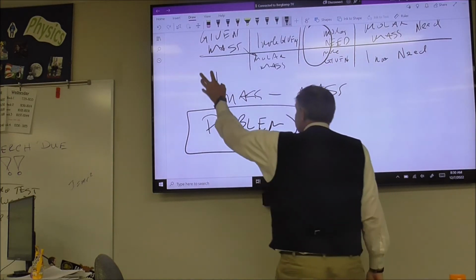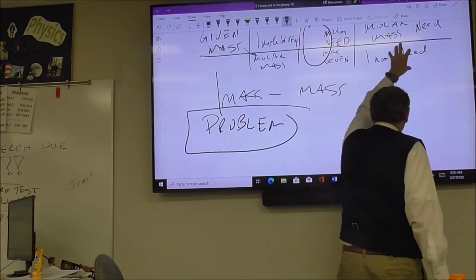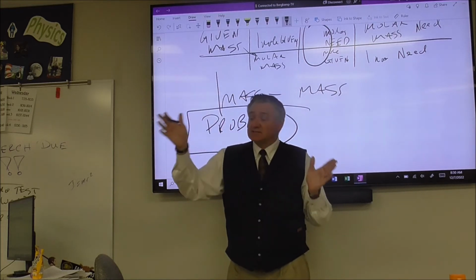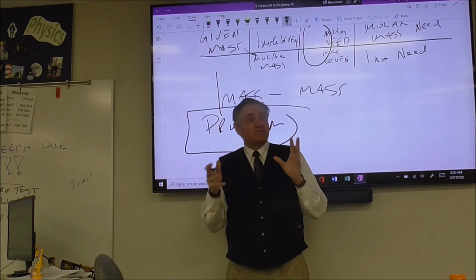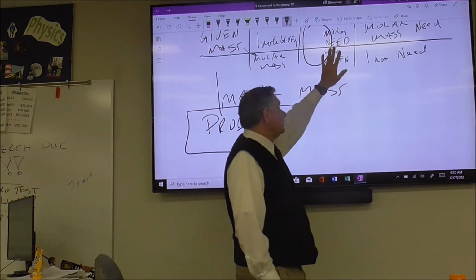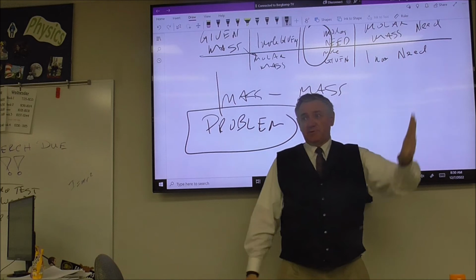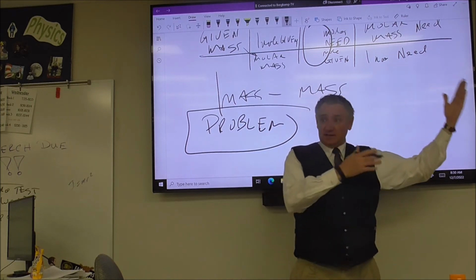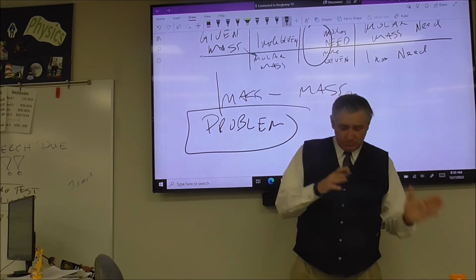So you're going to go problem, periodic table, equation, periodic table. If you like that thought process, like, ooh, where do I go to find that information? Problem, periodic table, equation, back to the periodic table. If you like that thought process, that's another way that you can think it through.